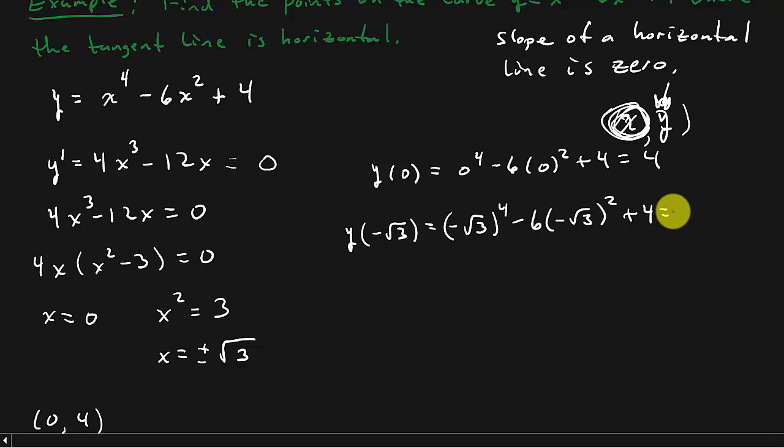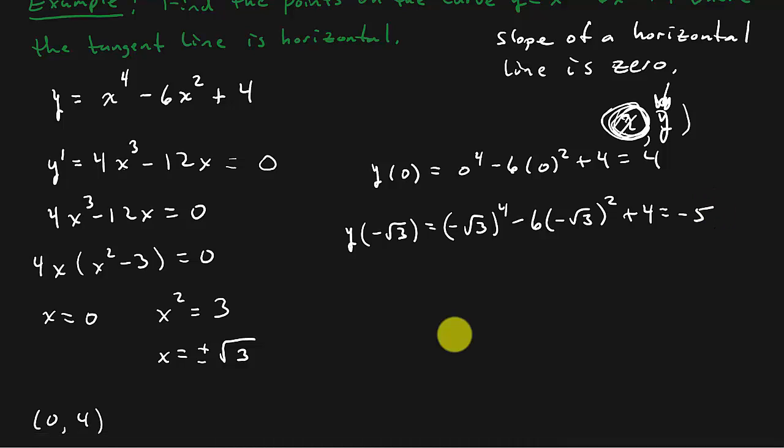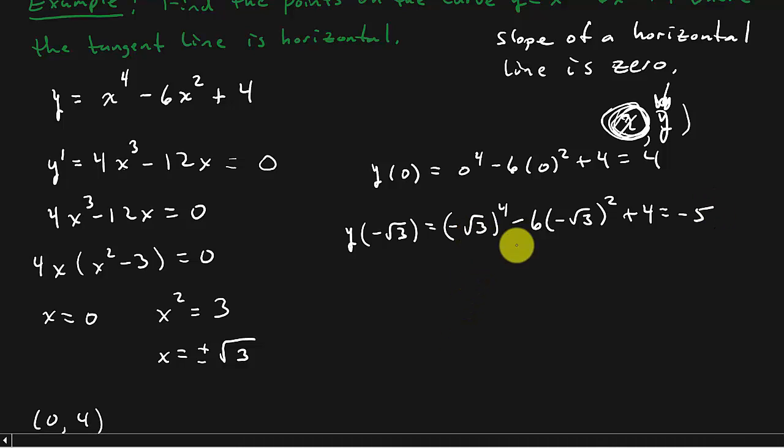And that's going to give me what? Negative 5. Yeah, because that's going to be 9 minus 18, which is negative 9, plus 4 is negative 5.